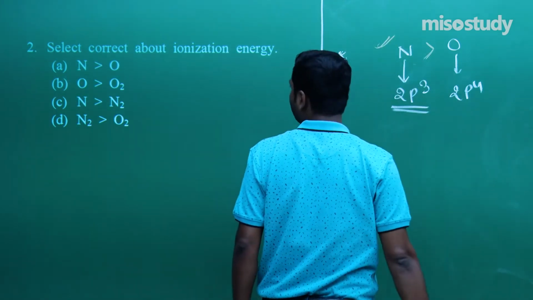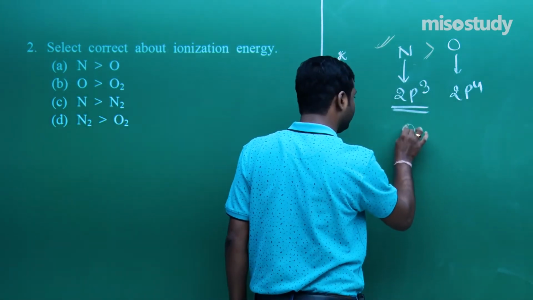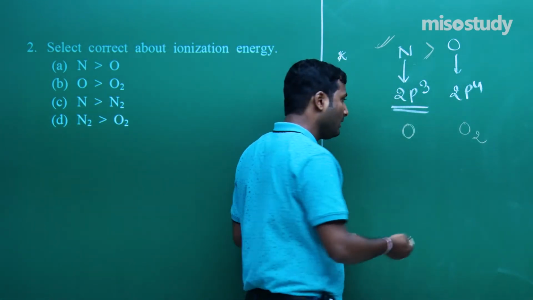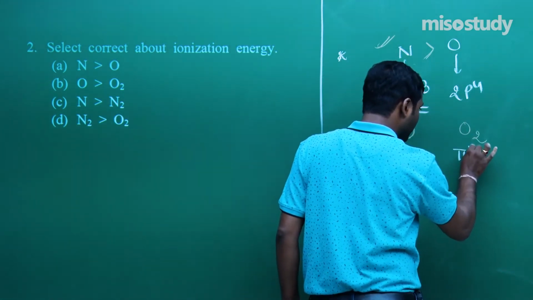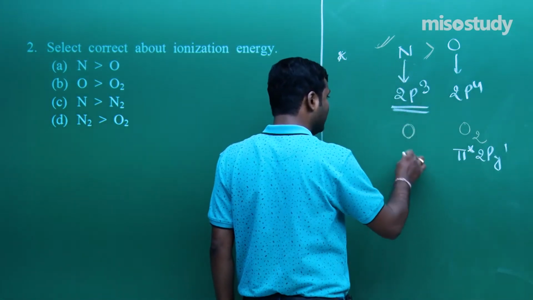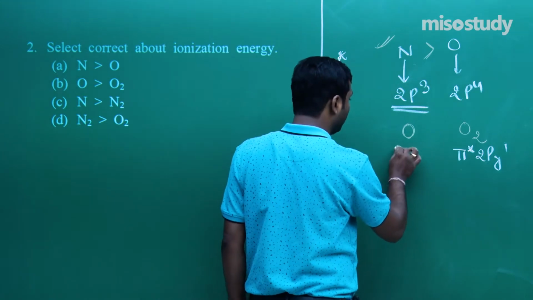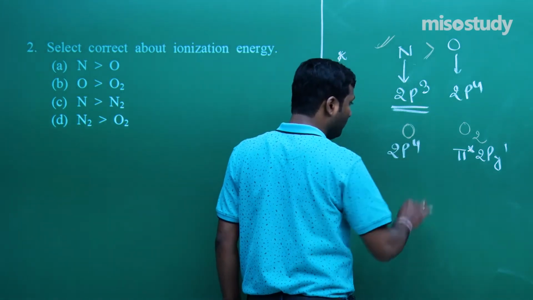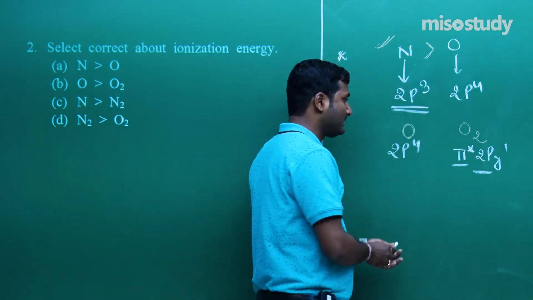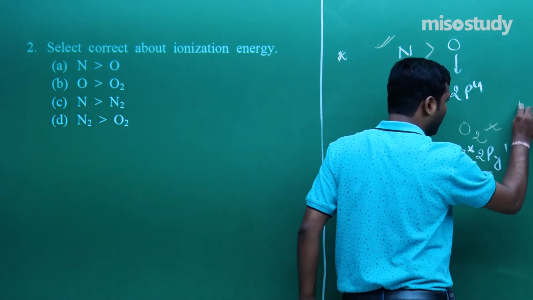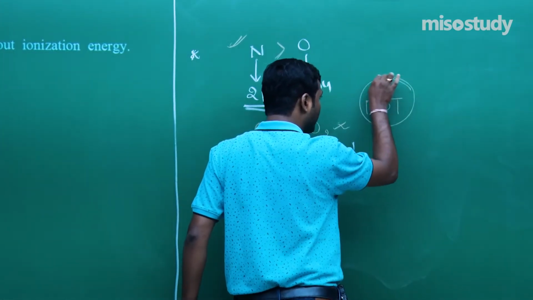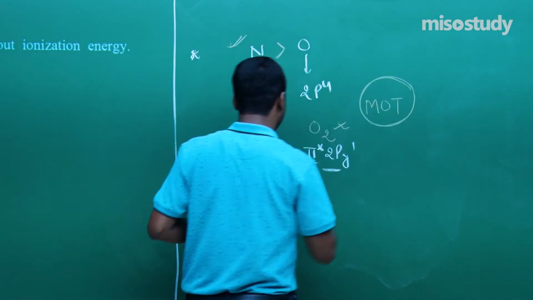Clear? Now let's check O and O2. If I talk about O and O2, the electronic configuration of O2 is pi star 2py1, and in the other case the electronic configuration is 2p4. There is an involvement of anti-bonding orbitals. Do you remember, as I discussed in chemical bonding, MOT, molecular orbital theory.